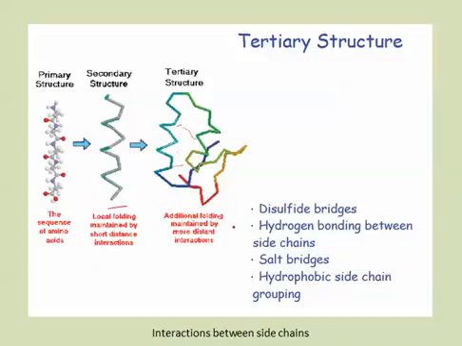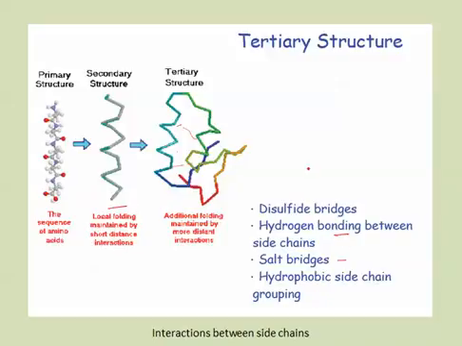These intermolecular forces could be things like hydrogen bonding. They could be salt bridges, where we've got charged parts of the molecule. They could be hydrophobic side chains, so certain groups, maybe like benzene rings, will want to group together and form London dispersion forces, so they'll fold on top of each other.